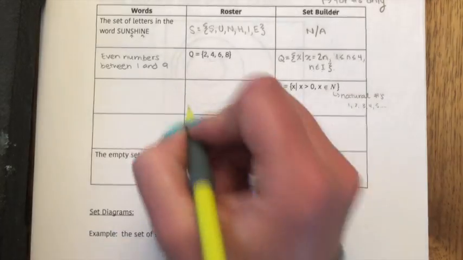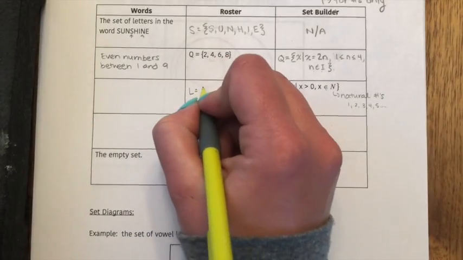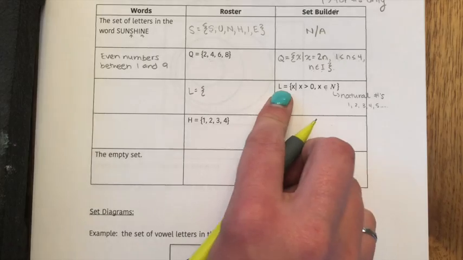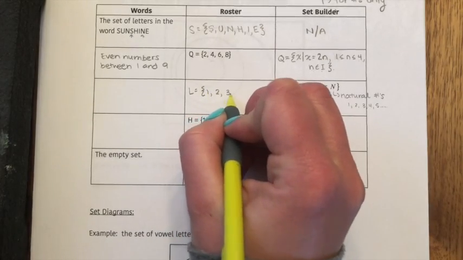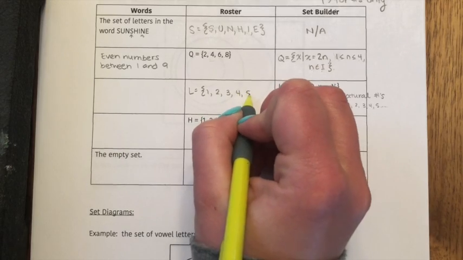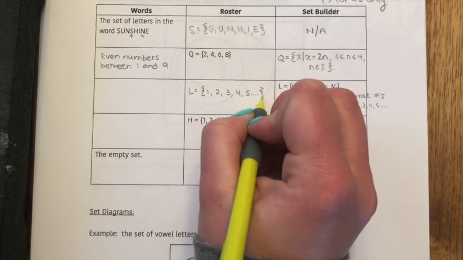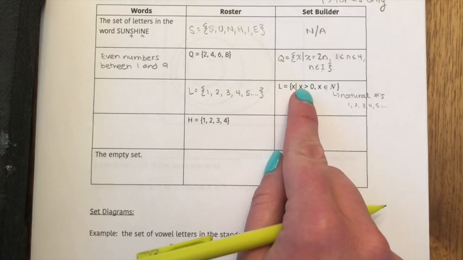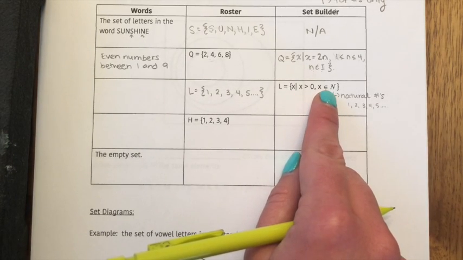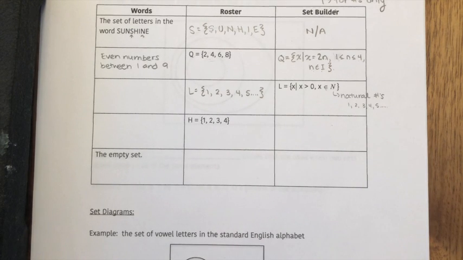So in roster form, we can list this, remember L, okay? We can just list this as 1, 2, 3, 4, 5, and so on, because it's all of the ones that are above 0 that are natural numbers. So again, it's not going to be a 1.5 or 1.7 or anything because that's not a natural number.